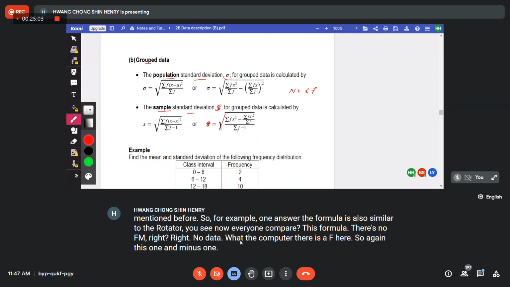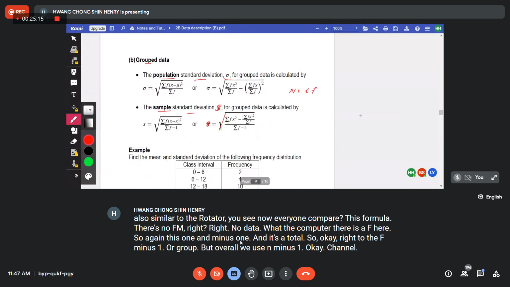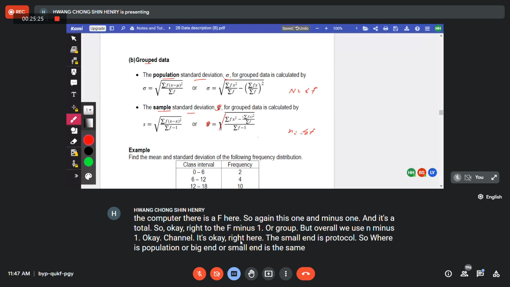N is your total F. So I can write total F minus 1 for group, but for raw, we use N minus 1. Okay? So I can write here the small n is total F also. Whether it's population or big N or small n, it is the same, total frequency.